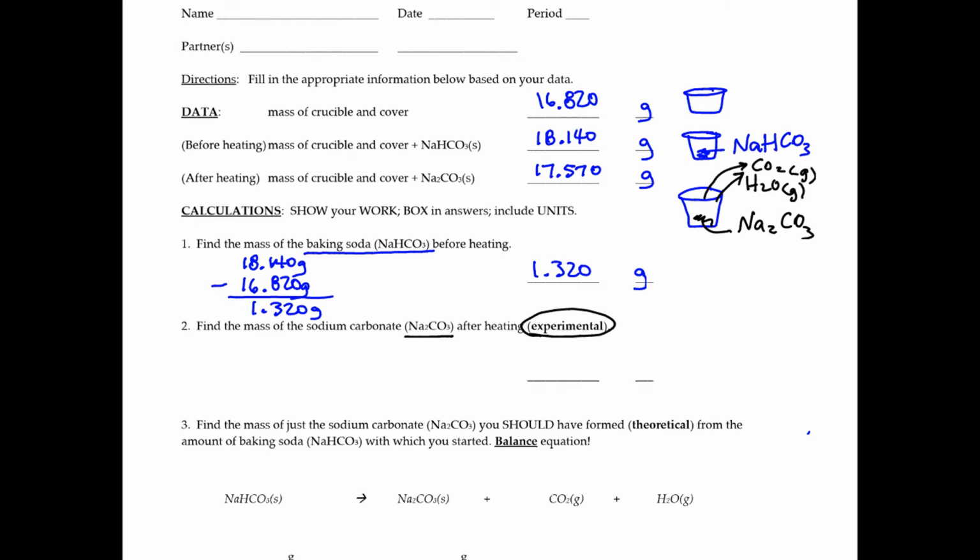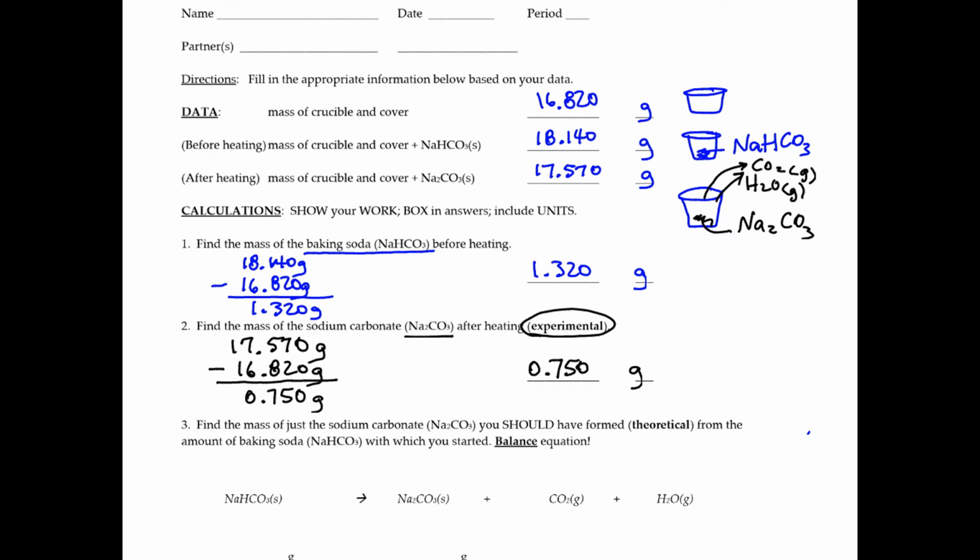With my data, I'm going to take 17.570 grams minus 16.820 grams, and my answer is going to come out to be 0.750 grams. So that's how much Na2CO3 I have, 0.750 grams. And again, that's my experimental.